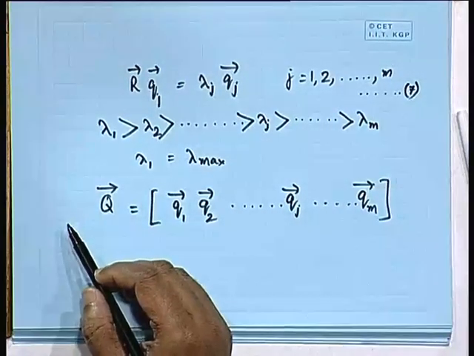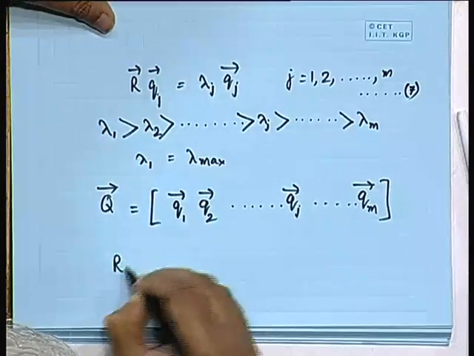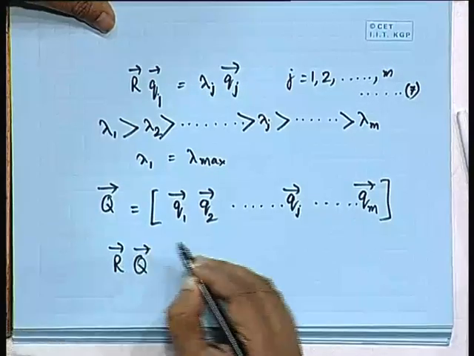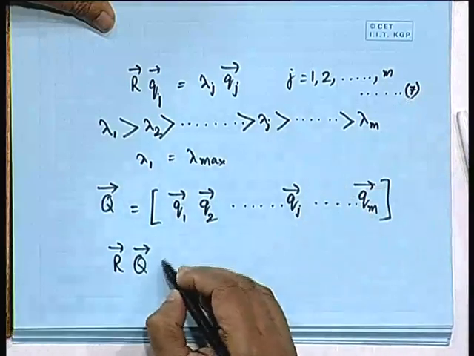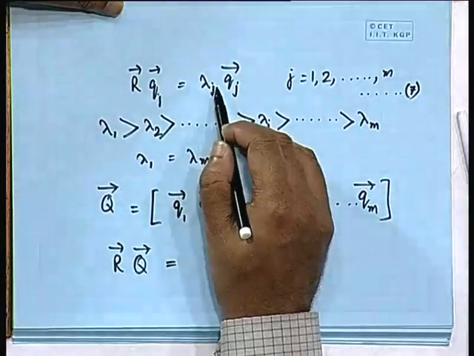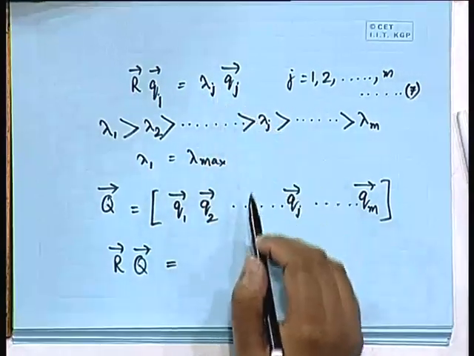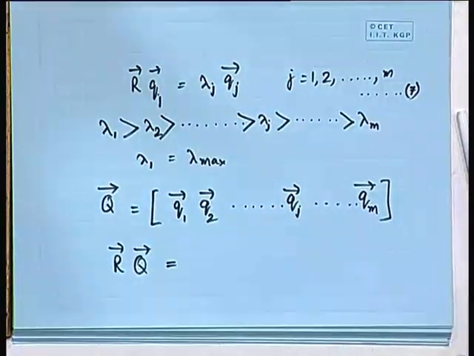Now, these m different equations can be written in a more compact form by using this capital Q matrix representation. So, if we write all these m equations in a combined way, what results is R Q is equal to lambda, but what do we get? We get lambda 1 for the first one, lambda 2 for the second one, lambda 3 for the third one, and combinedly we get a lambda matrix, in which the lambdas lie in the diagonals.